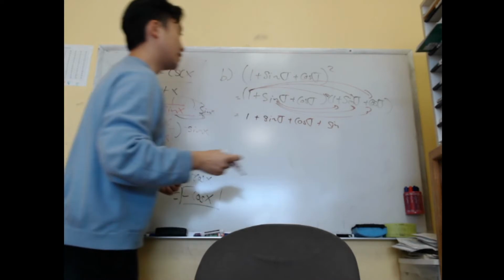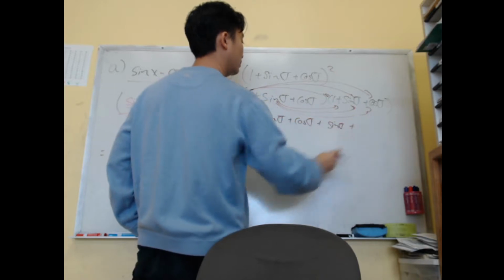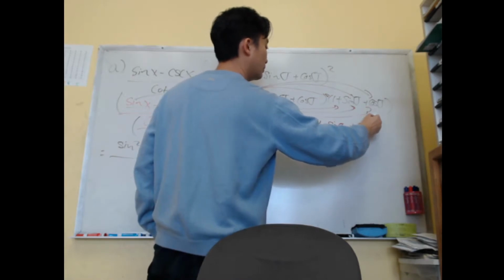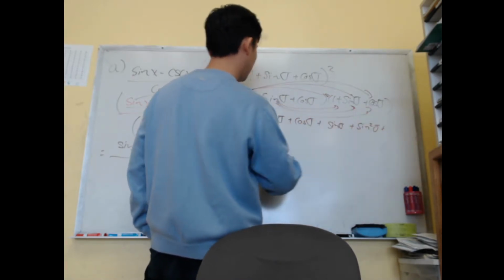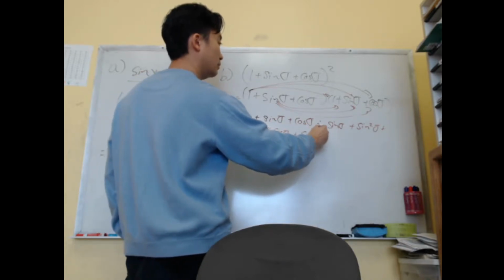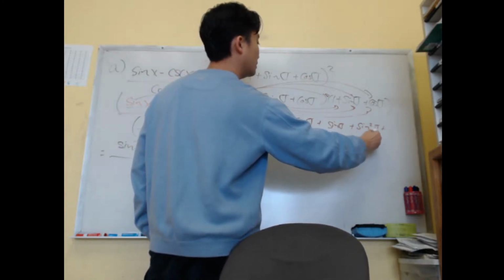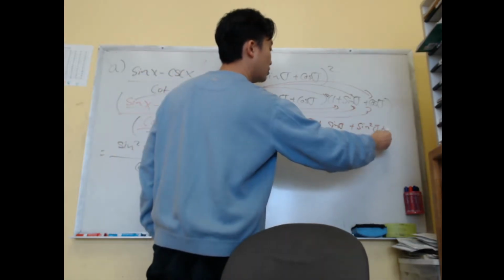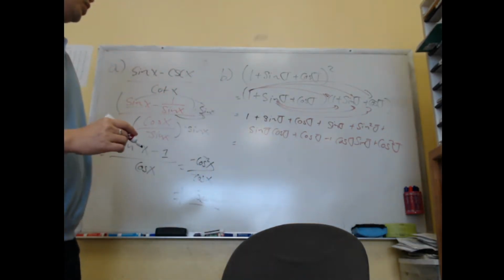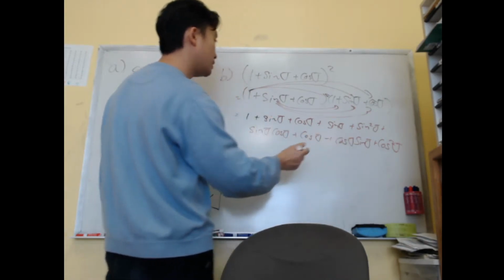So you have to do it 3 consecutive times. So what happened after you FOIL them? Anything that we can combine, cancel? What do you notice? Okay, so this, and then this one, combine them.